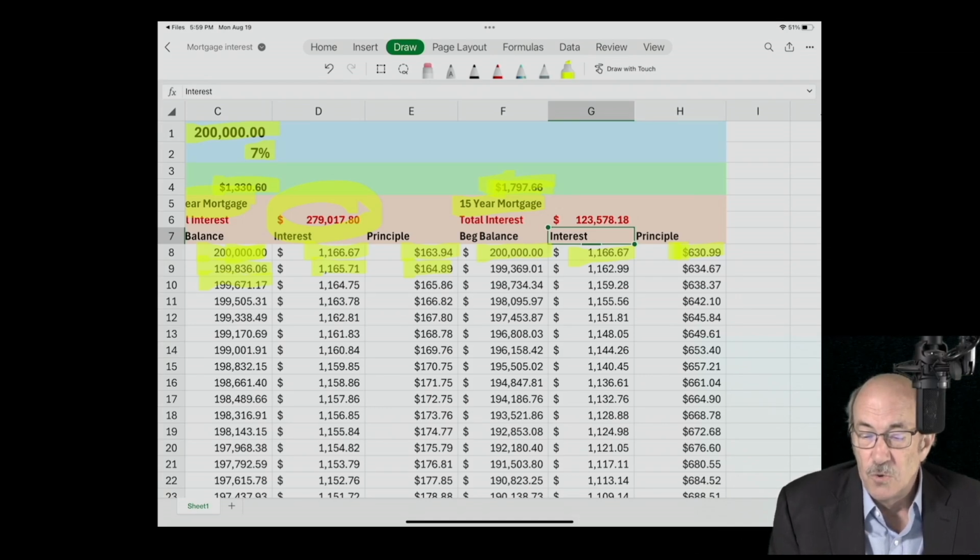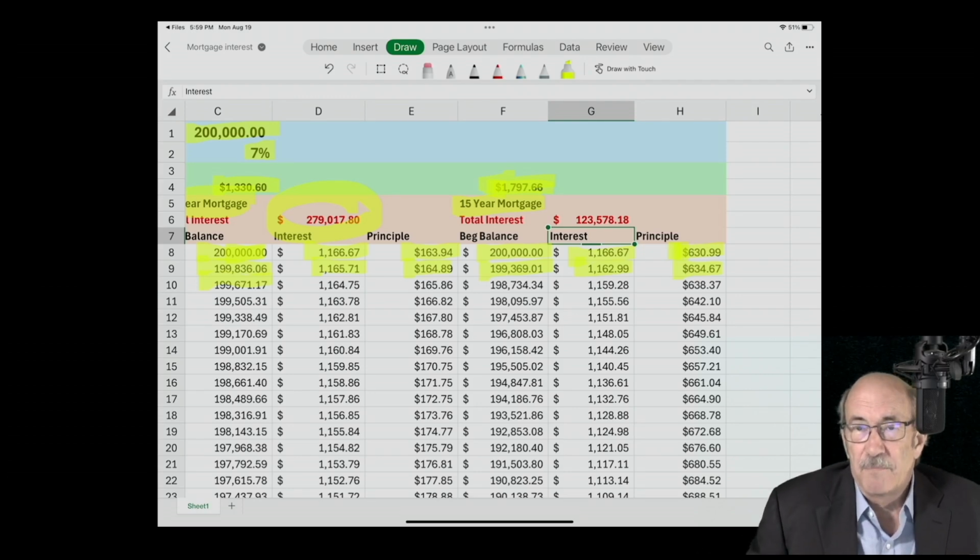So our new balance at the beginning of the second month is only $199,369, which means our interest there is less by about $3 than the 30-year loan. And then the rest of the payment goes towards reducing the balance even further by $634.